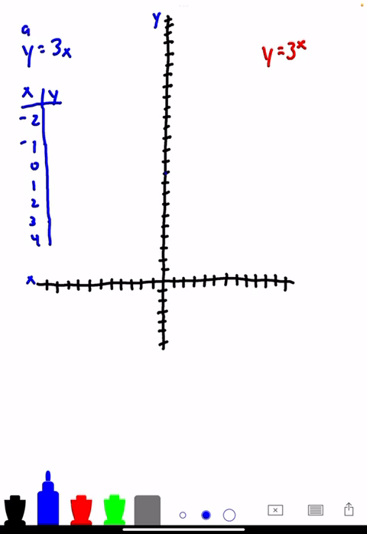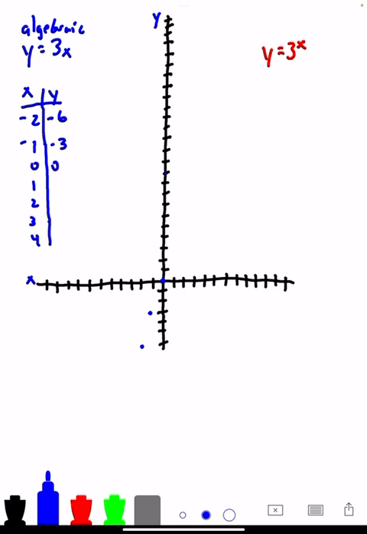I'm going to write this up here. Now, 3 times negative 2 is negative 6. So we'll have negative 2 here. 3 times negative 1 is negative 3. 3 times 0, of course, is 0.